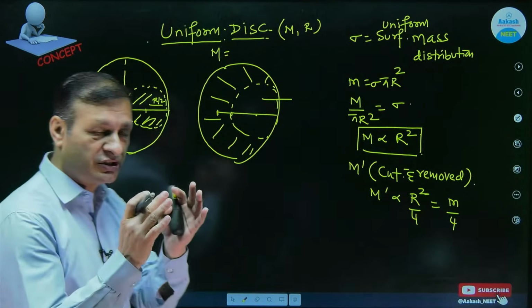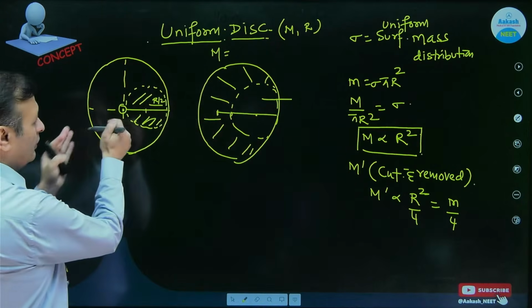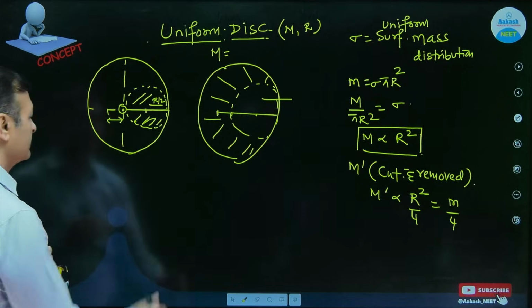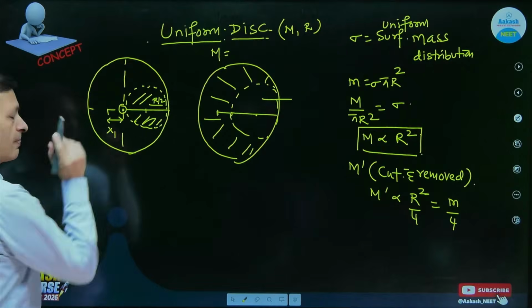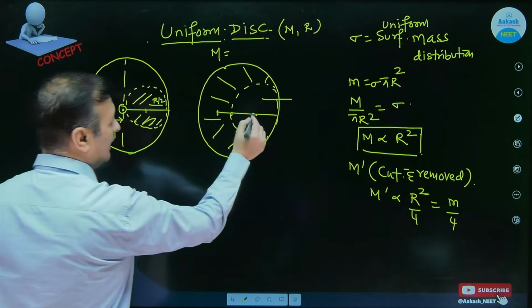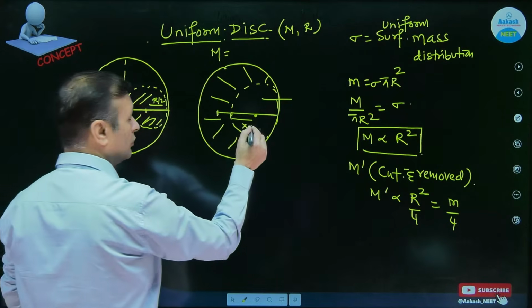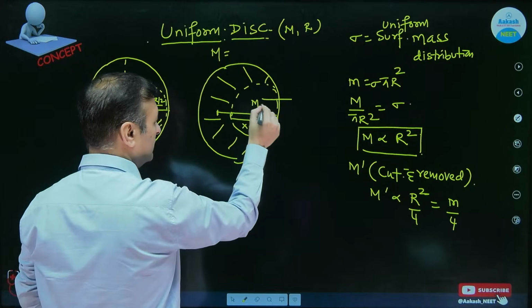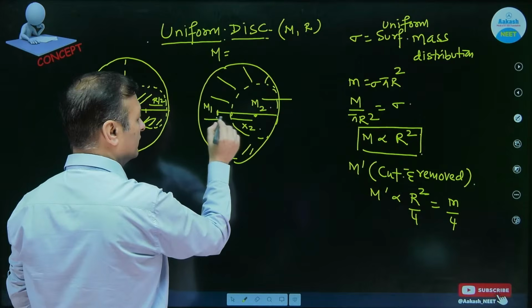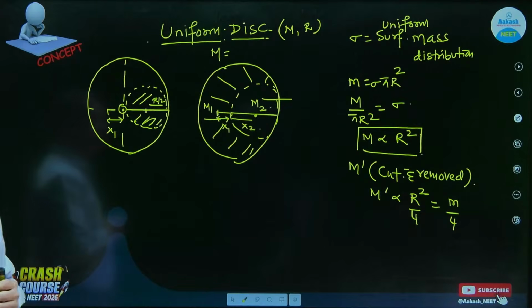The center of mass will get displaced towards the heavier distribution. Let's label this displacement as x1, whereas the center of mass of the cut part lies here, labeled x2. The part which is cut is m2, and the part we are left with is m1, and this value is x1. Do we understand this one?